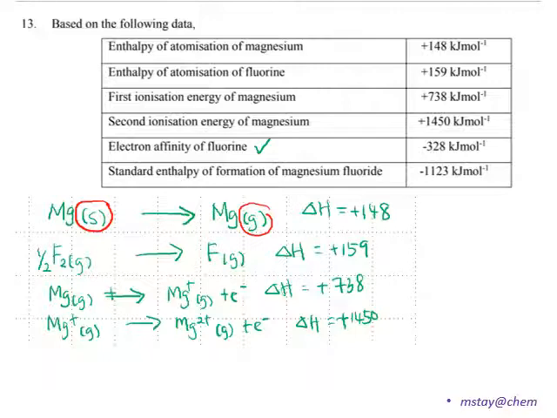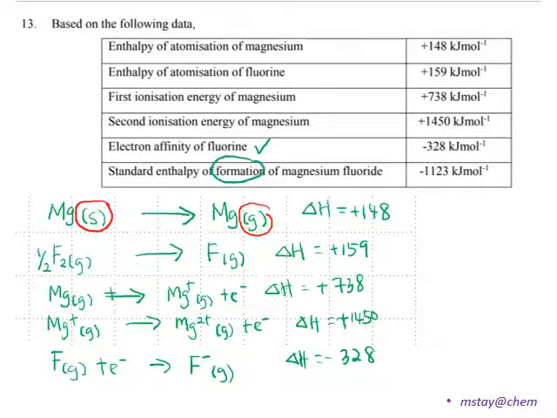Electron affinity of the fluorine means a gaseous fluorine atom gains one more electron, and then will produce a gaseous ion, and then the energy is negative 328. Next one is enthalpy of formation for the magnesium fluoride.